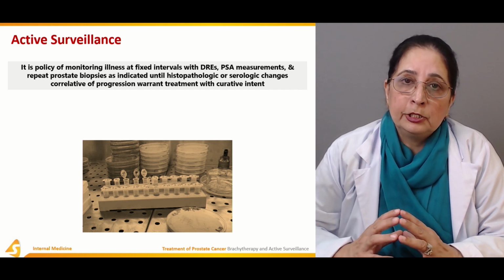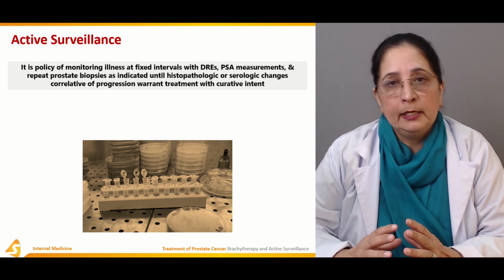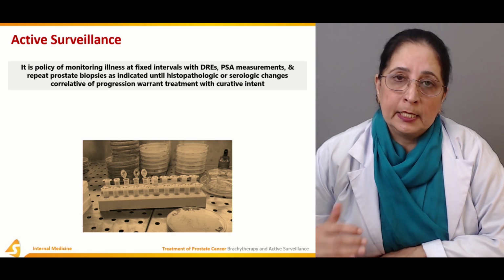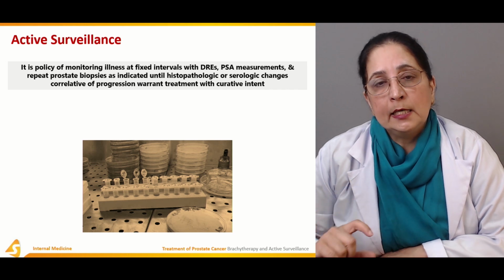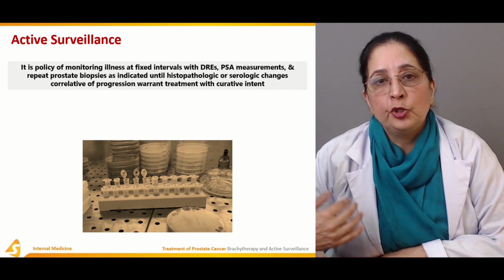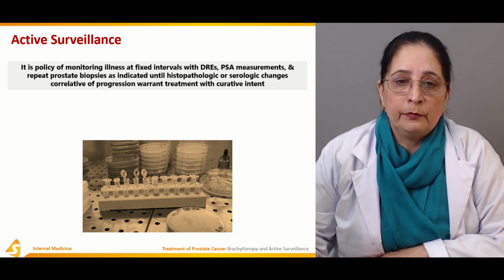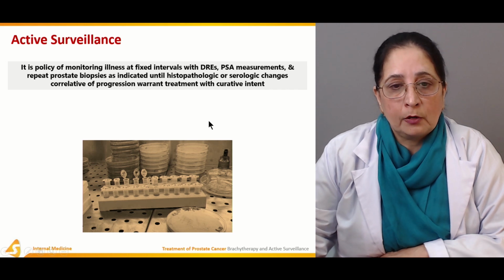Even we learned about this, that even with the abnormal prostate specific antigen, sometimes the biopsy results are normal. In this case, it's very important that we should repeat the prostate biopsies, so we can tell whether there are malignant changes or not.